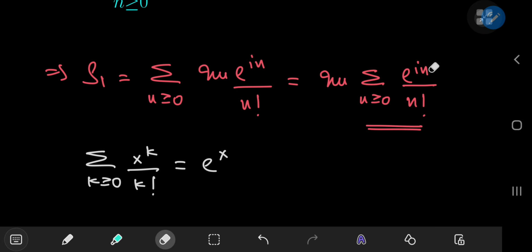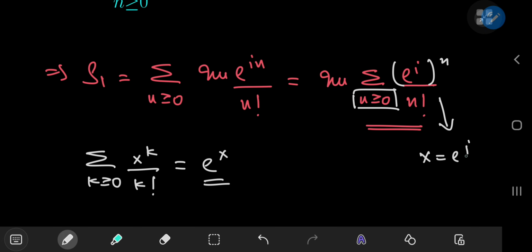And if we write e to the in as (e to the i) to the n, we have the exact same structure, right? We have the sum over non-negative integers of something to the n, which is your index variable, divided by n factorial. So that means you have the exponential function with x being equal to e to the i.